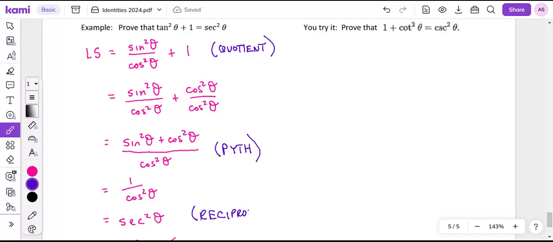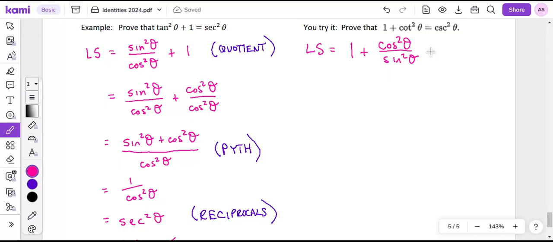That was using reciprocals. Now, I'd like you guys to try the one on the right using the exact same strategy. I'm even going to help you guys get started. If you take the left-hand side, you can rewrite that as 1 plus, if tan is sine over cosine, we talked about this earlier, cotangent is cosine over sine.